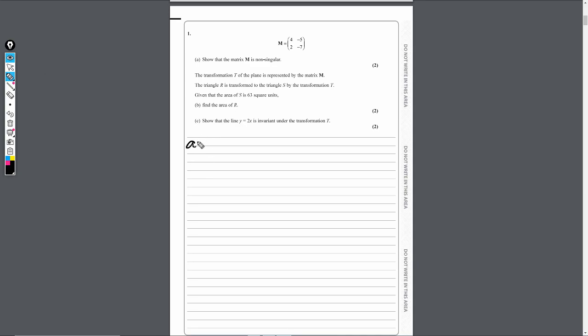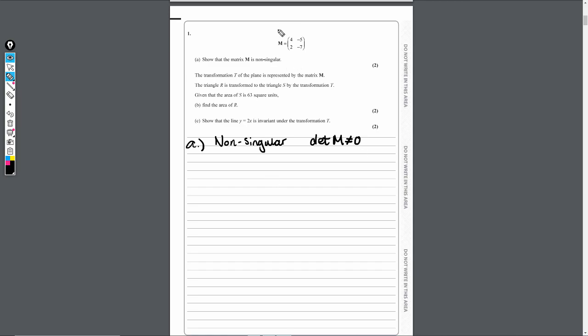So remember, if a matrix is non-singular, what that means is that the determinant of M in this case is non-zero, so it's not equal to 0. We have to show that the determinant of M is not equal to 0.